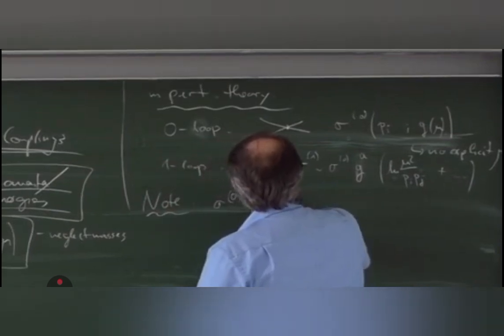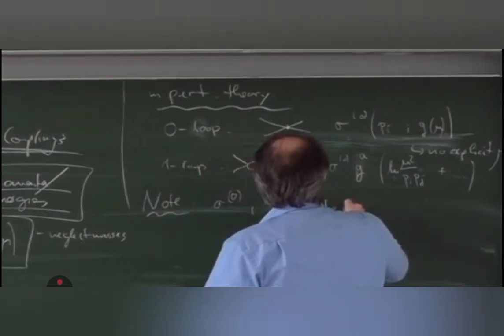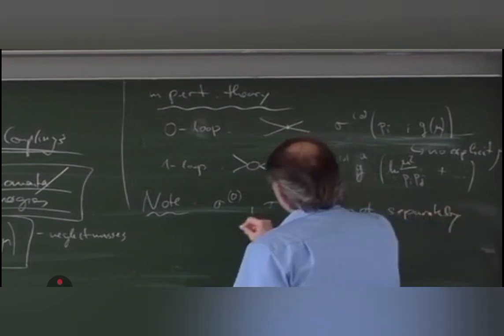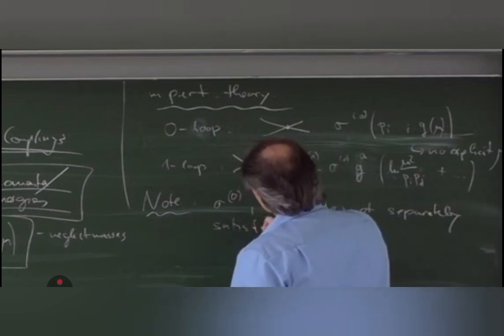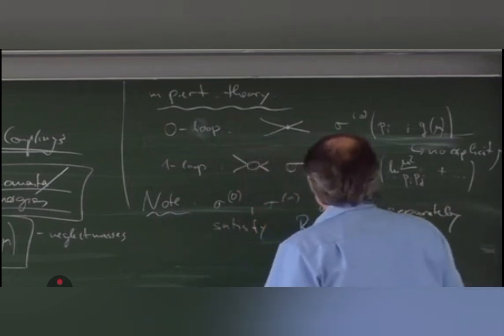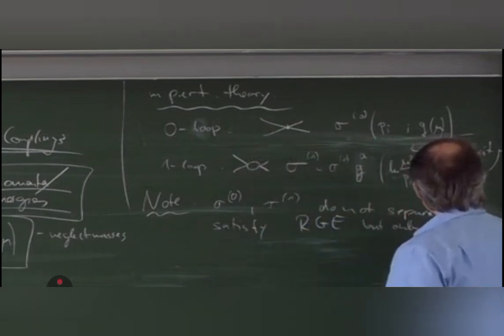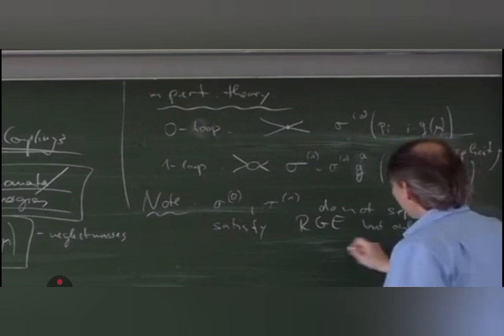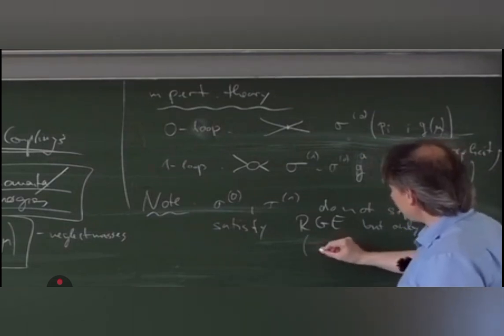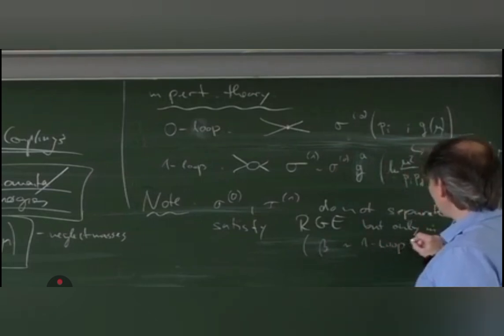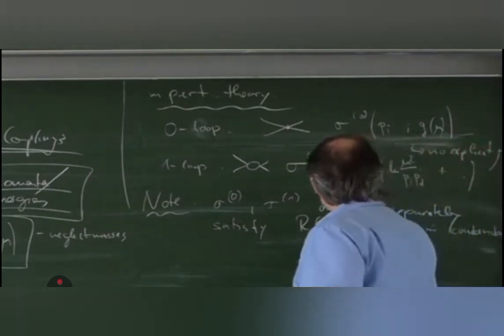Sigma 0 and sigma 1 do not separately satisfy the renormalization group equation, but only in combination. And your statement is important, namely the beta function is of one loop order, or higher order, of course. That is why the renormalization group equation connects different orders.